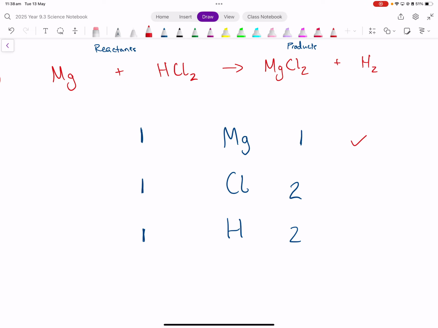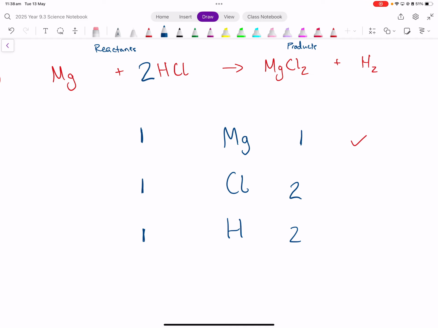That's a very different compound. But what I can do, however, is put a 2 in front of the HCl, and this 2 now tells me that I have 2 lots of hydrochloric acid. So it's the same as having a HCl and another HCl. And what this does is it tells me that I now have 2 lots of everything here.